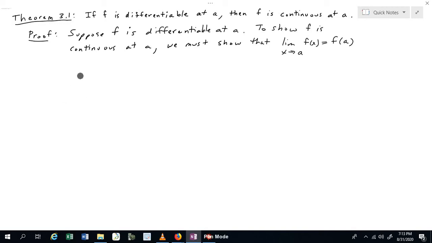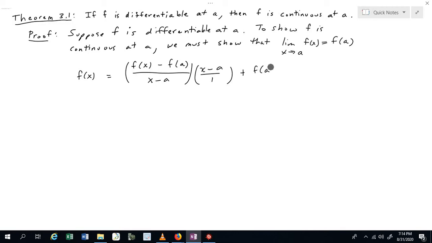Now, the way we're going to do this is we're going to take f of x and rewrite it in a very special way. So f of x is the same as f of x minus f of a divided by x minus a, times x minus a, plus f of a.